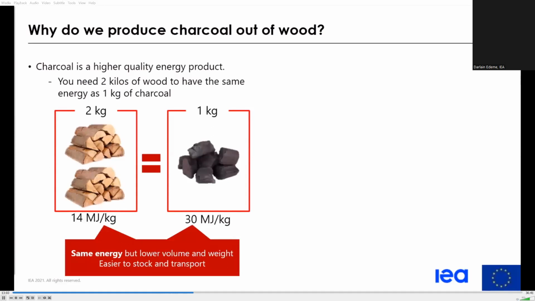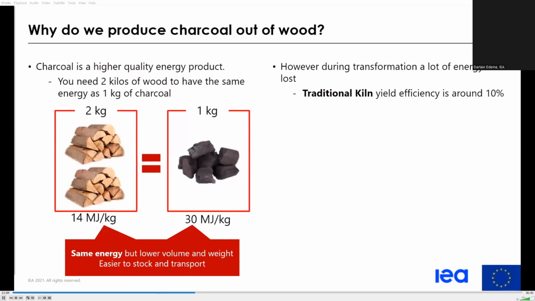However, the transformation of wood into charcoal has a lot of impact. To produce 1 kilogram of charcoal with traditional earth kiln, you need up to 10 kilo of wood. So you need a lot of wood and so a lot of trees.